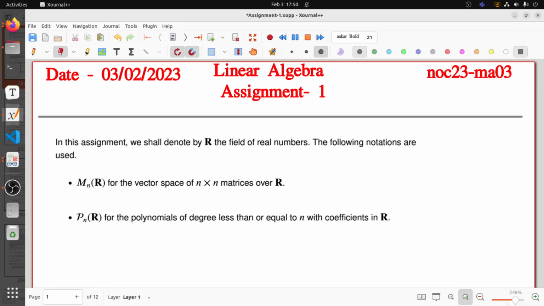Now equate the coefficients, so it will be A plus B plus C, plus B times x plus C times x square. So what you will get then, A plus B plus C equals 1, B equals 1, C equals 1. So what will be the A then, which implies A will be minus 1, right?